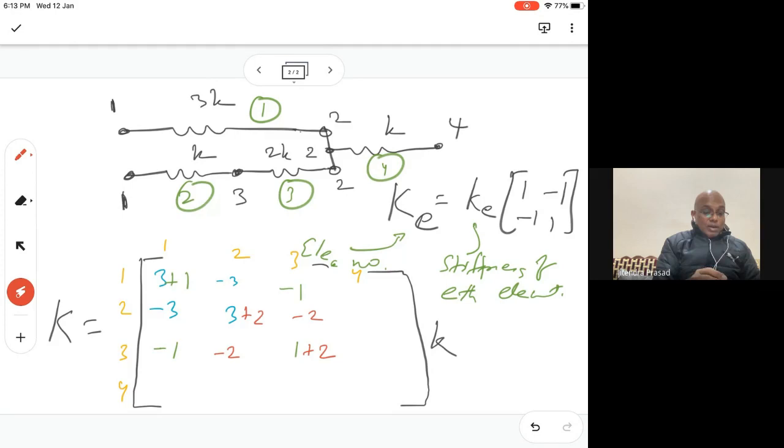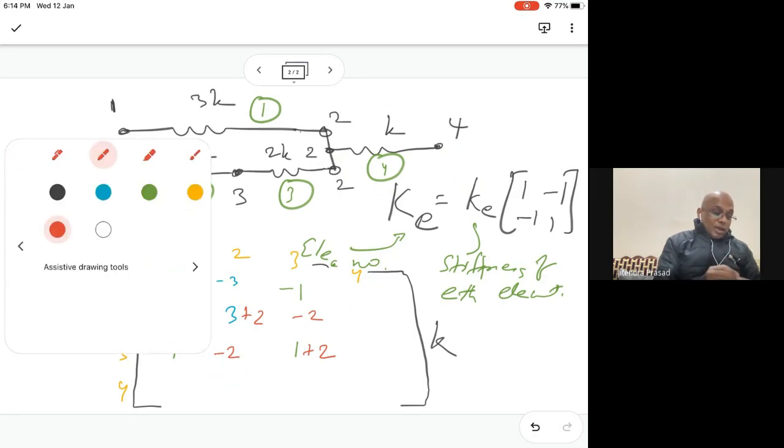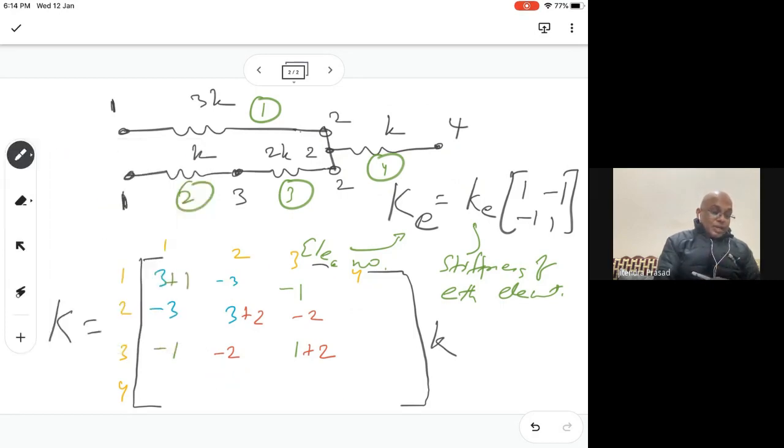Now we have one remaining, which connects 2 and 4. So 2,4, and the positions are here, here, here, and here. Let's use black color for that. First we have 2,2, which will be only 1.